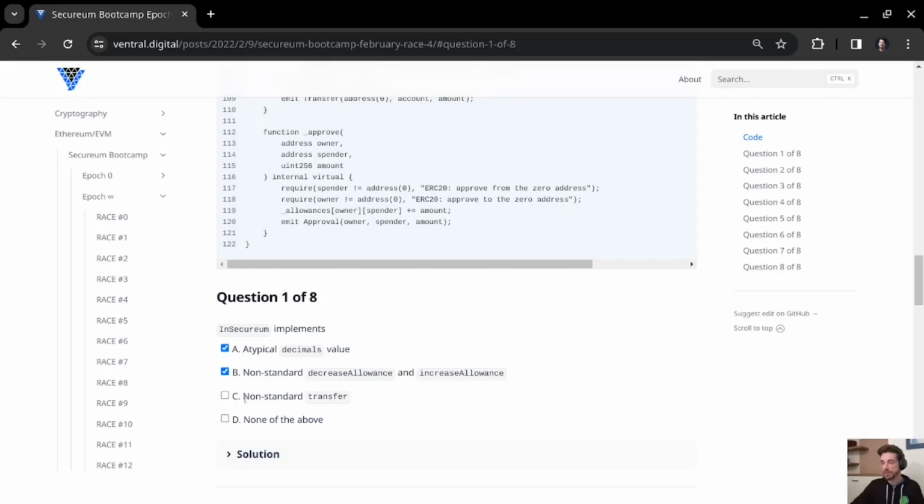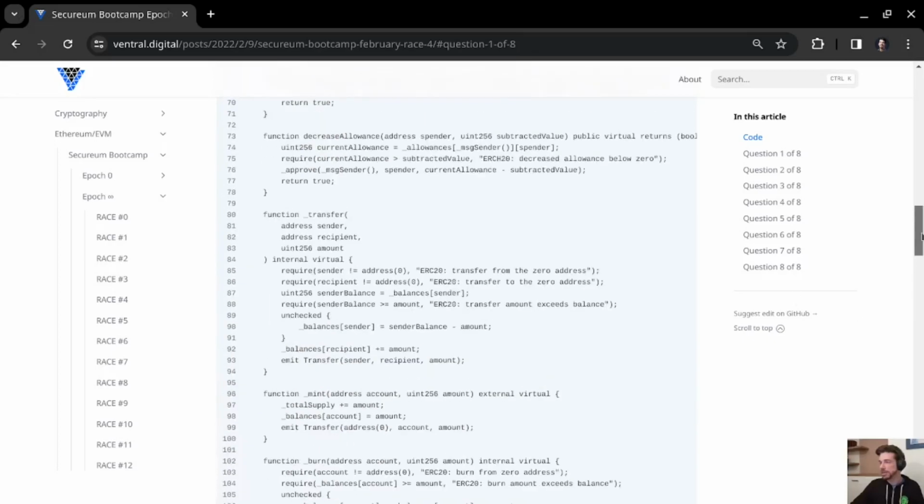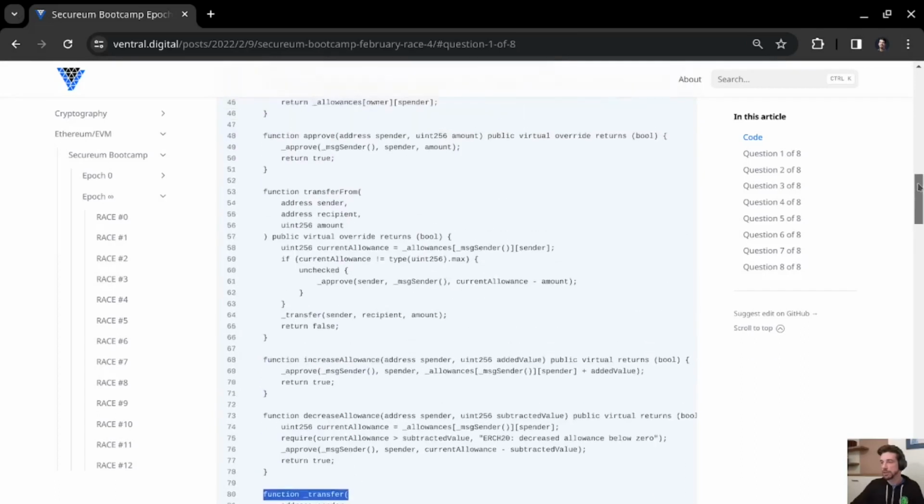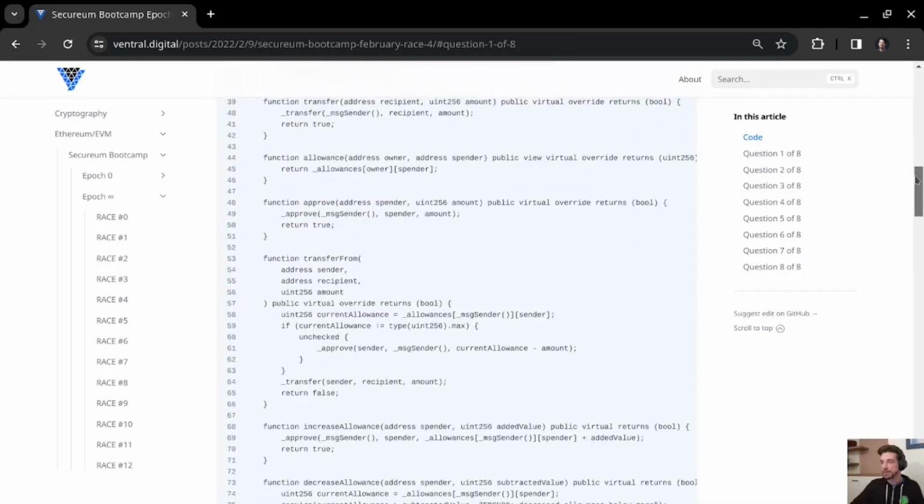Then we have C, which says it implements a non-standard transfer function. You can see right here, that's the transfer function. And non-standard meaning that this is actually the internal function with the underscore. Where's the normal transfer function? There it is.